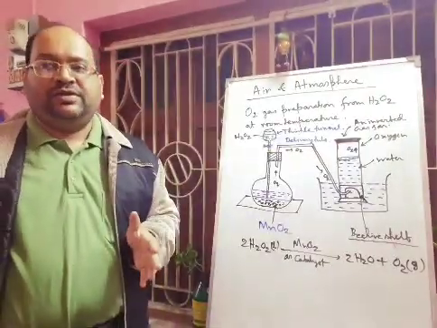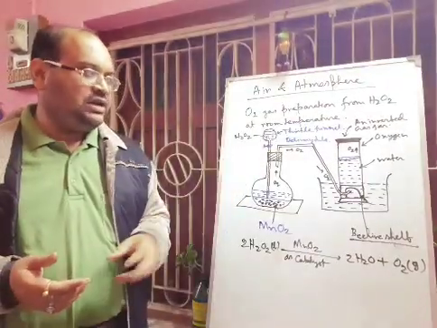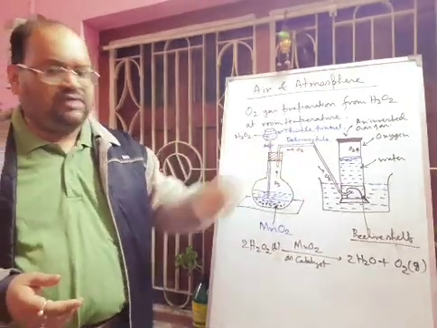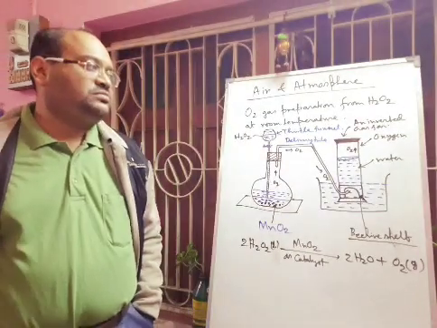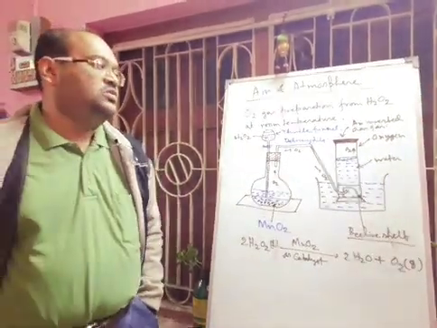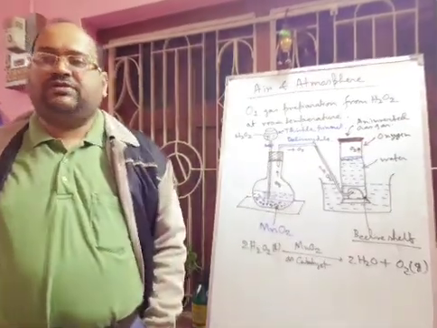Then you have to replace the jar with another inverted gas jar containing water. In this way you can fill a number of oxygen gas jars. So this is another process by which you can prepare oxygen gas.